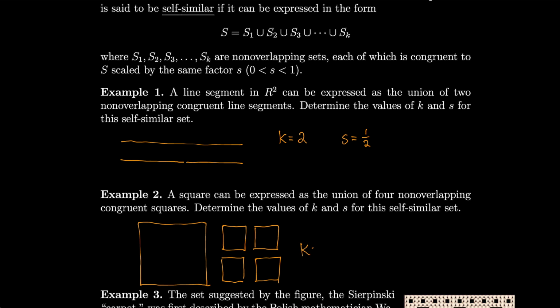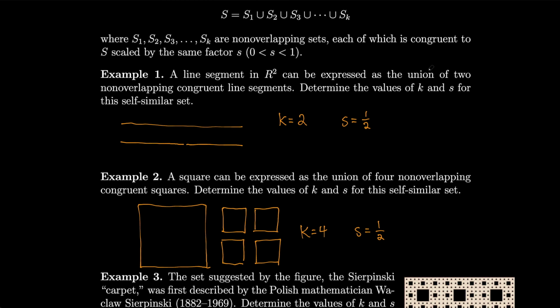In any case, we have K equals 4, and each one is half as big as the original if you go by the length of each of these sides. It's half the length, even though the area is 1/4. We say that S is going to be 1/2.